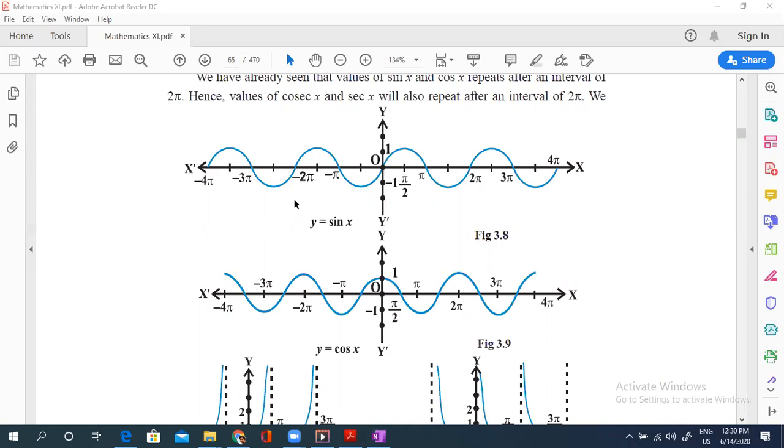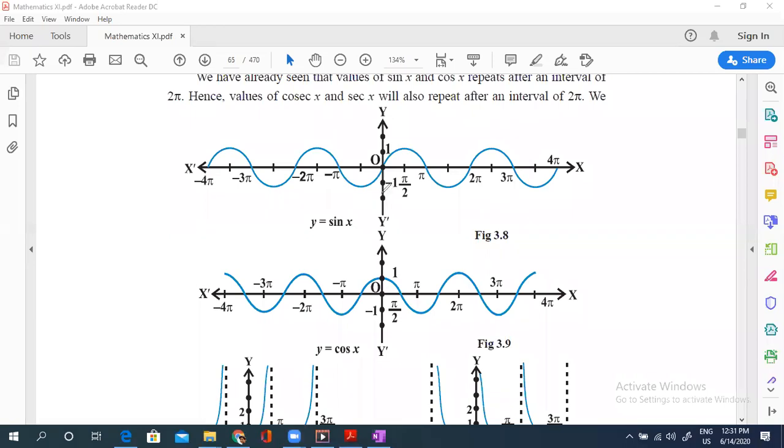Now we will talk about the last topic, which is the graph. Right? Everyone just see the graph. Yes, for every odd multiple of pi by 2, it will be infinity. Okay. Now see this. This is the graph of sin x.